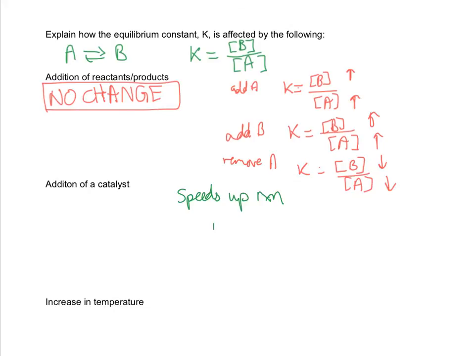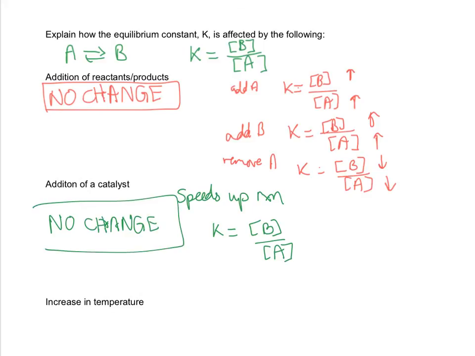K, again, is the concentration of B over the concentration of A. If I make the reaction go faster, it's just going faster. It's not going to change the concentration of A. It's not going to change the concentration of B. So again, no change. Adding a catalyst does not change my value for K.